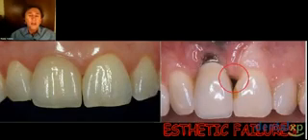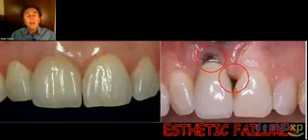Some failures, as you see highlighted here, are interproximal. There are interproximal failures. There are failures on the labial aspect that include recession, color changes, and may be related both to inadequate bone and soft tissue handling or inadequate restorative components.